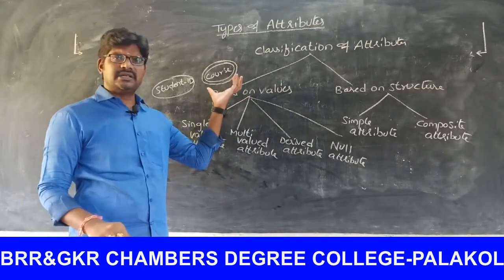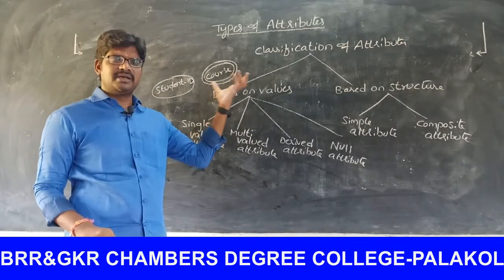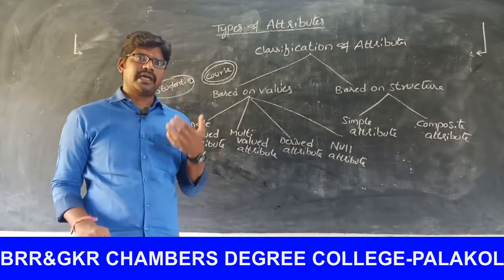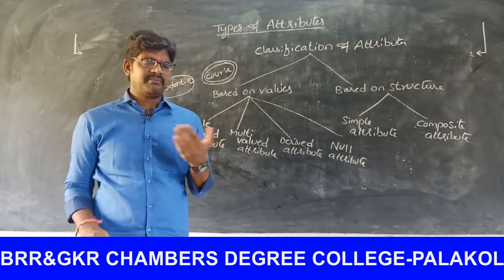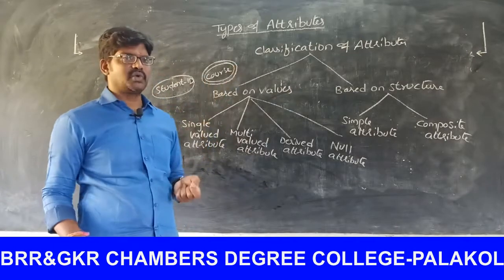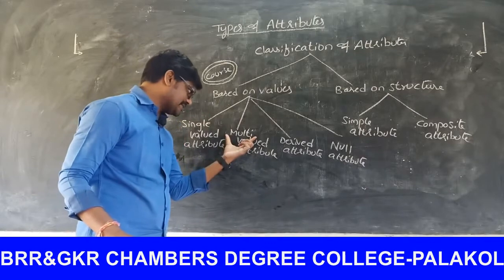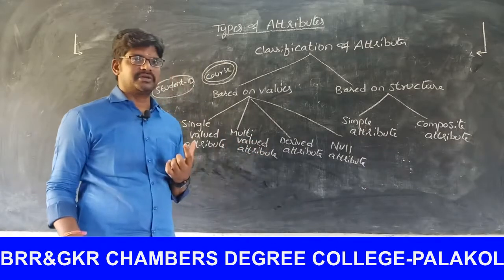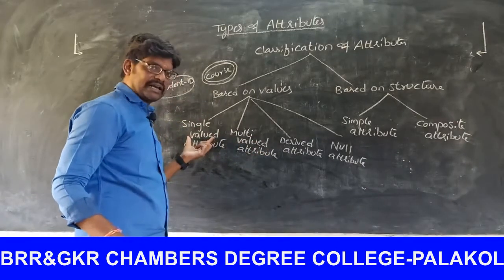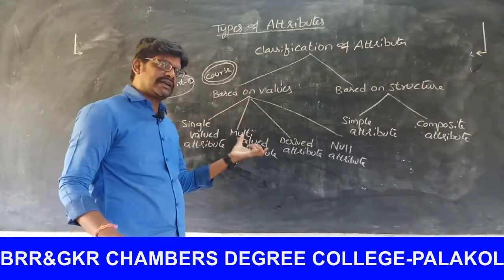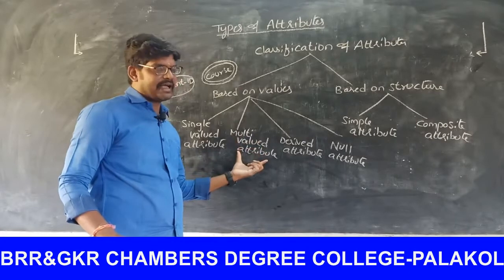Course has a number of values: BSc, BCom, BBA, MBBS. All these are courses. It contains multiple values, which we call a multi-valued attribute. A single value is a single valued attribute; multiple values is a multi-valued attribute.